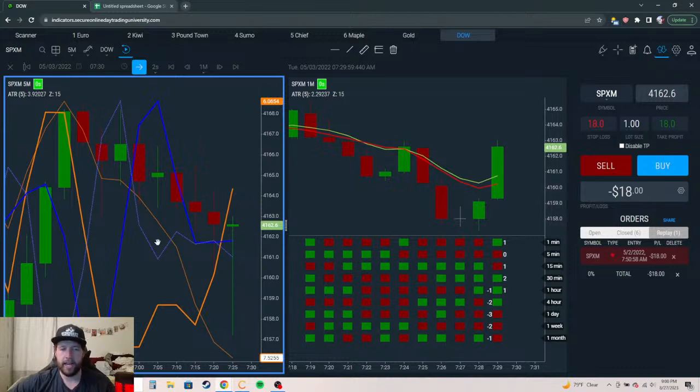And really the only indicator that I'm looking at here is the thin orange line right here. As long as that is pointing in the direction of the trade, that's good. And then I'm looking at basically these 5 squares right here. As long as 3 or more are green for buy, that's good to go.